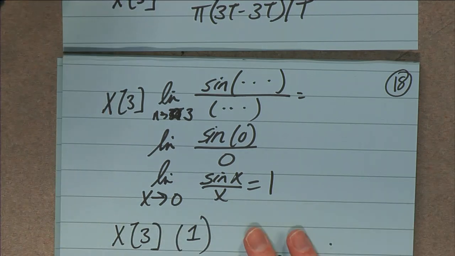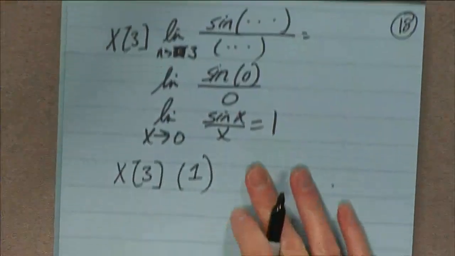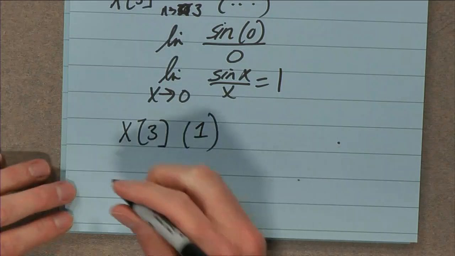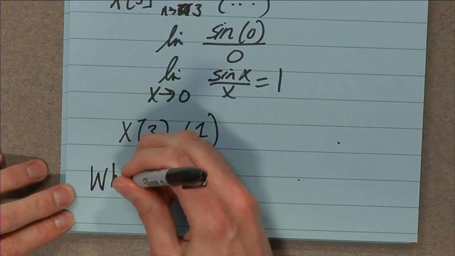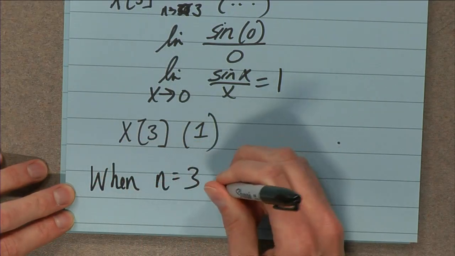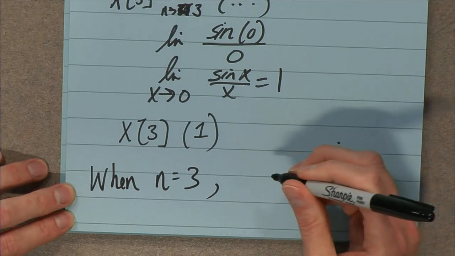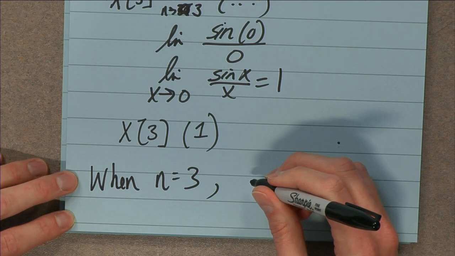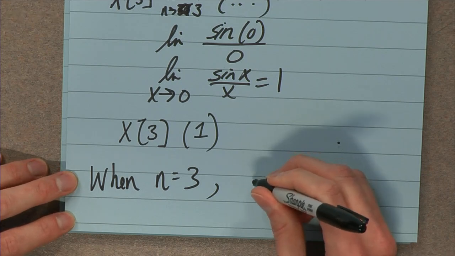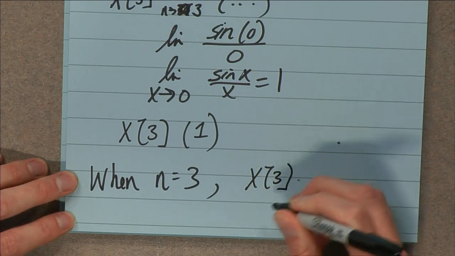And so that was a little bit slapdash mathematically, but when n equals 3, the answer, I guess, is just x of 3.